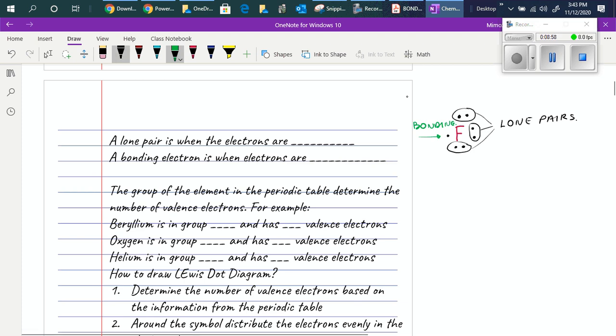So lone pair electrons are the electrons that are paired up with another electron, while bonding electrons are the electrons that are single.